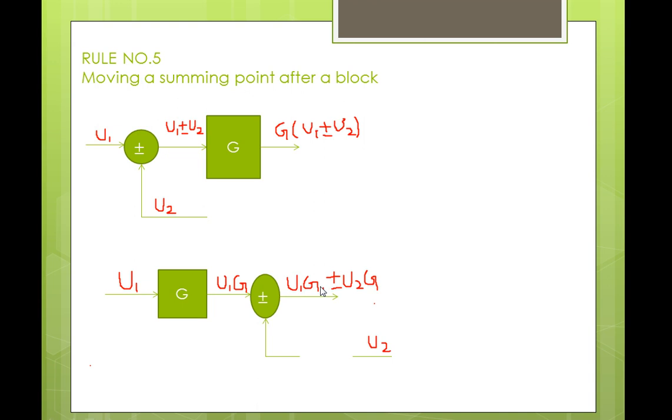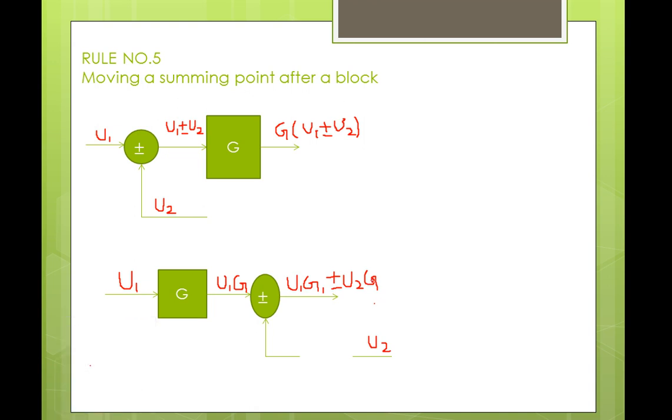So u1g plus or minus u2, but the output expression is g into u1 plus or minus u2, so you need to get g into u1 plus or minus u2. Instead, this g is not there.